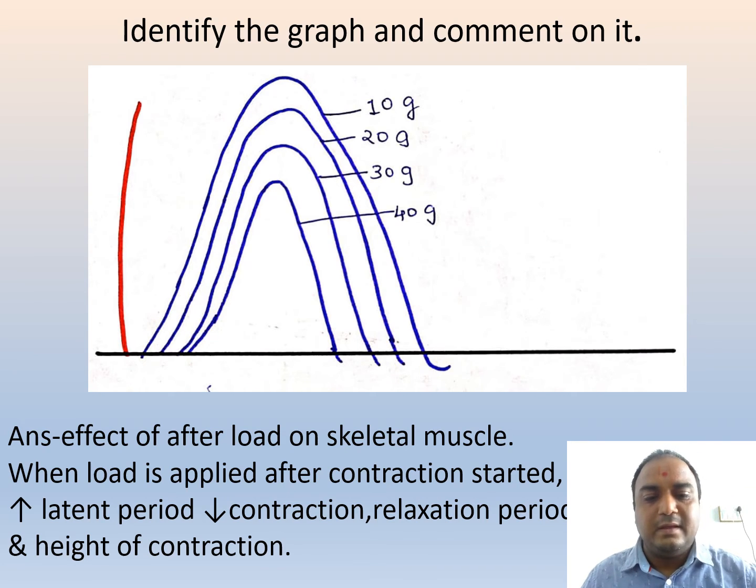The contraction period is reduced, the relaxation period is also reduced, and the height of contraction decreases. So it is an afterload. When load is applied before contraction starts, it is preload or free load. But when load is applied after the contraction has started, it is called afterload.